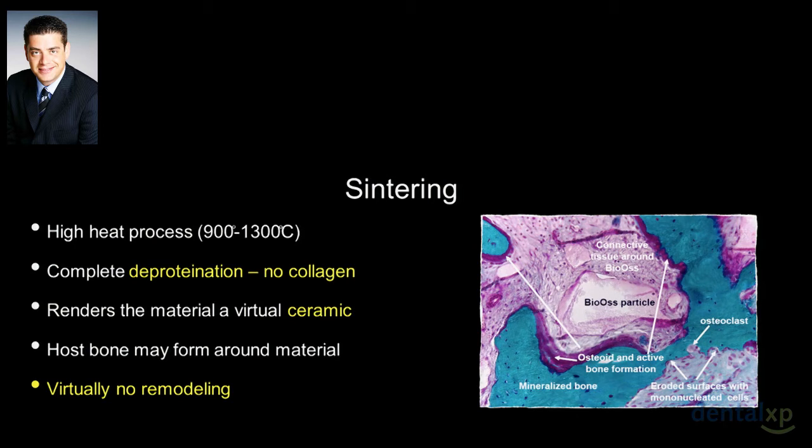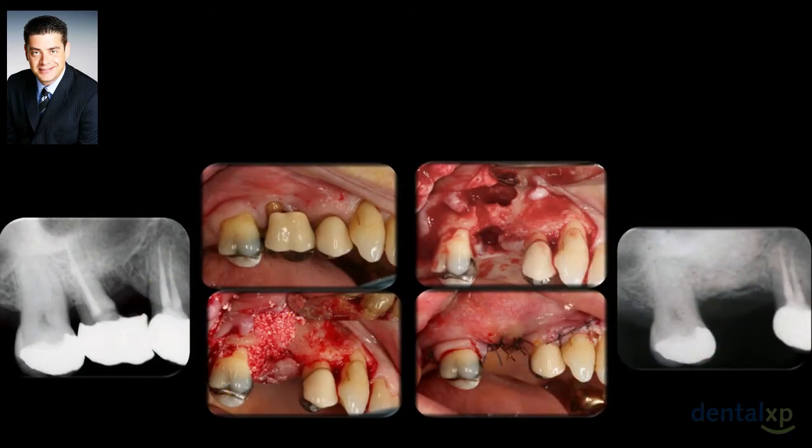They have to be processed that way, because if they're not, you're going to have a major reaction. The other significance of that is that it dries too much. It has a lot of density, so there's virtually no remodeling over time. As you can see here in some clinical applications, there are some good uses for this type of material, especially when you need to maintain the space, when you want to keep the area or the defect filled for a long period of time.